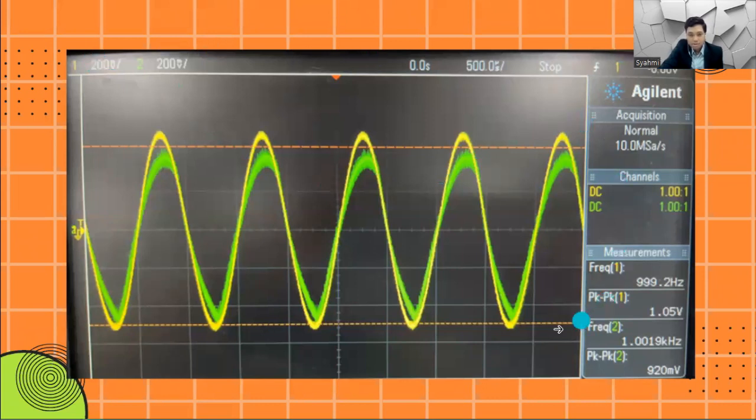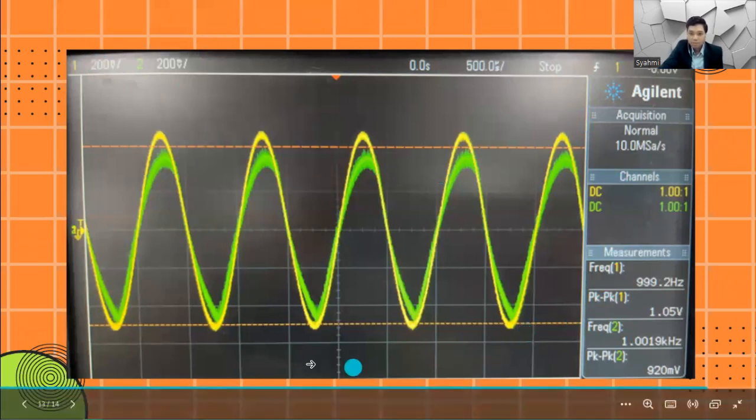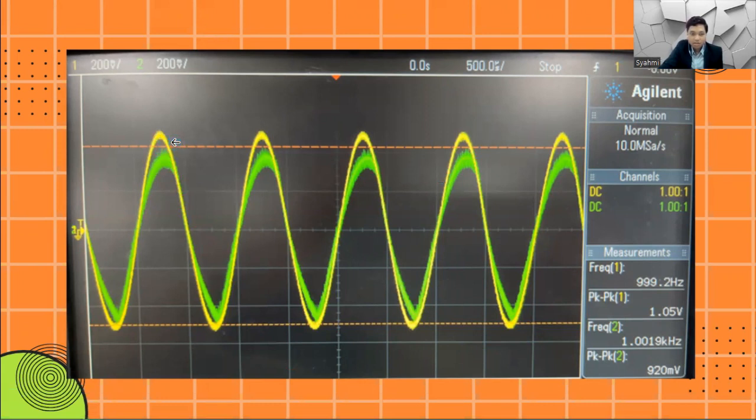So here is the result that we can get from the output of SCT6. As we can see here, the yellow signal is the original input signal, and the green one is the output that we get from the SCT6, which is the DSB-SC demodulation signal.